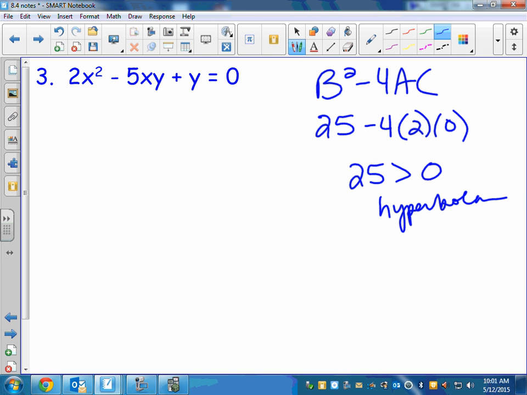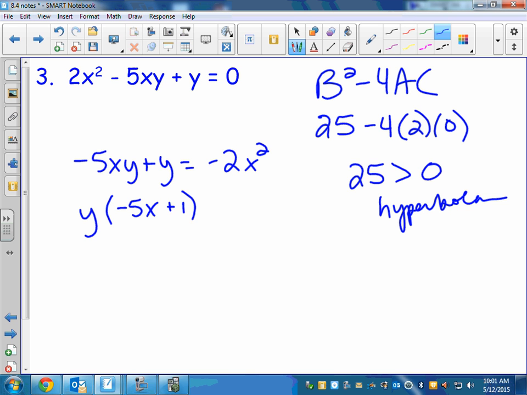So I just want to remind you, if there's not a squared term, this isn't really a quadratic equation anymore in terms of y, because there's not a squared term. We can really just solve for y here. A little tricky, but could I just subtract 2x squared to the other side? Move that over. And if I wanted to get y by itself, could I factor the y out of both of those and change that to negative 5x plus 1?